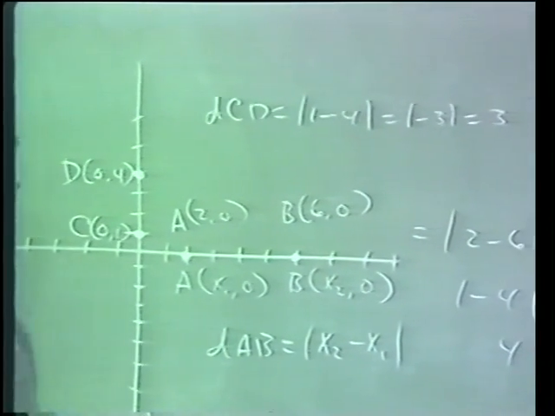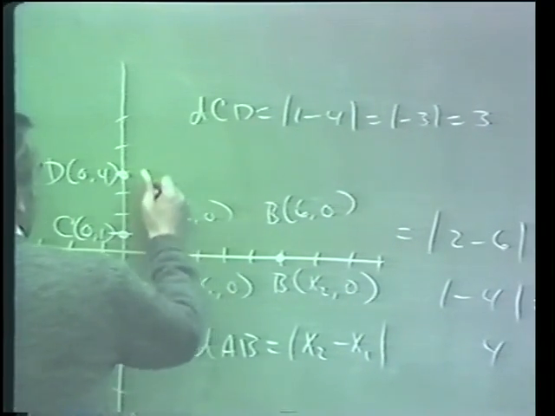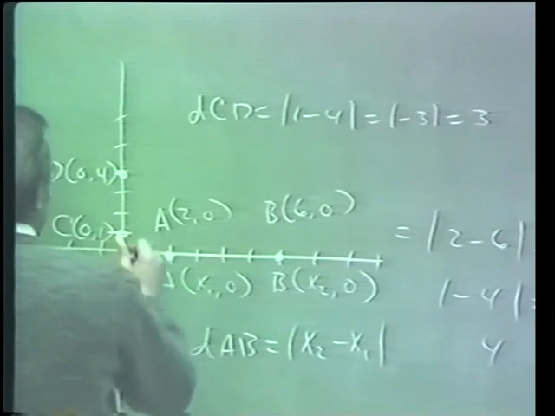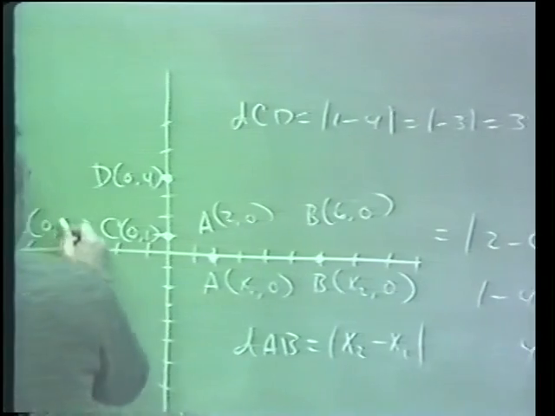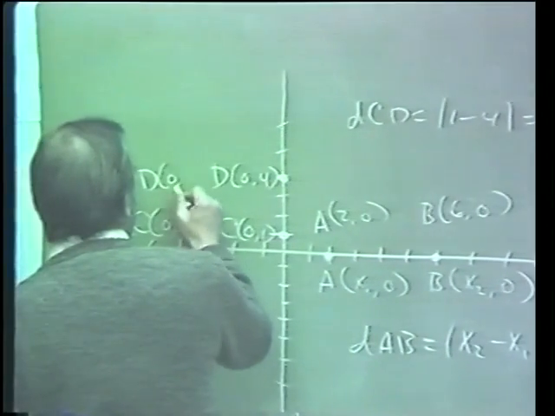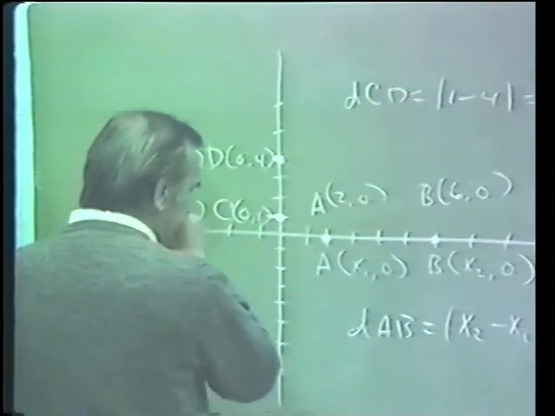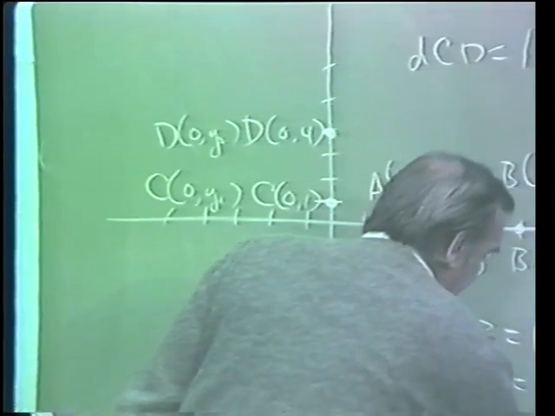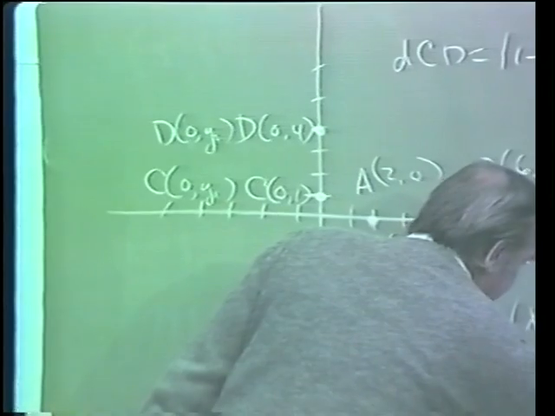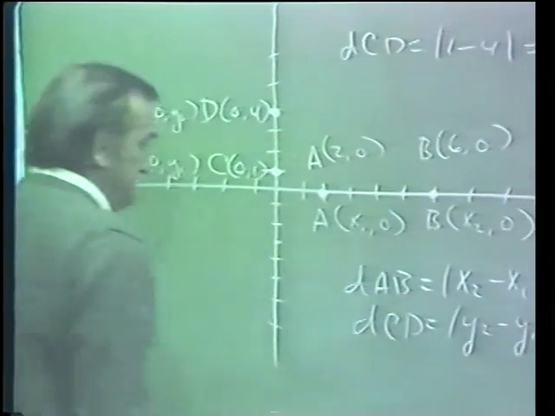Okay? Better yet, let's suppose now that C had the coordinates (0, y1), and D has the coordinates (0, y sub 2). Therefore, the distance of CD would equal the absolute value of the difference of the y's.